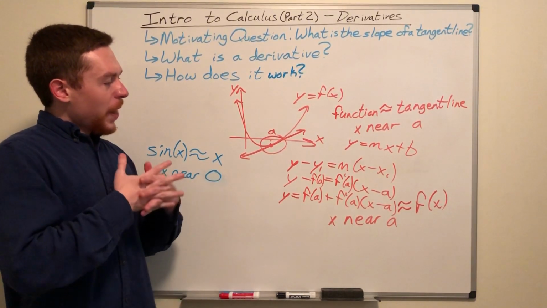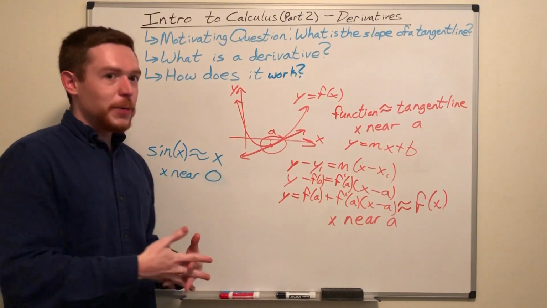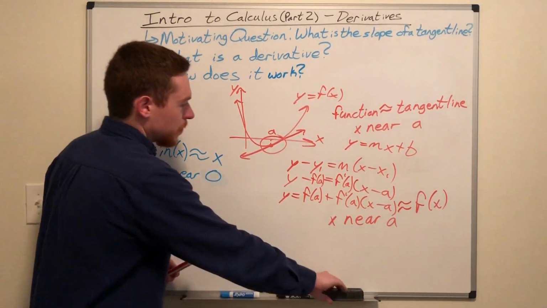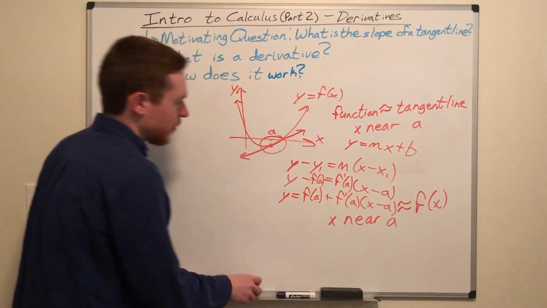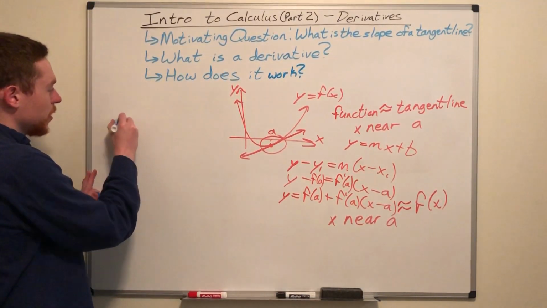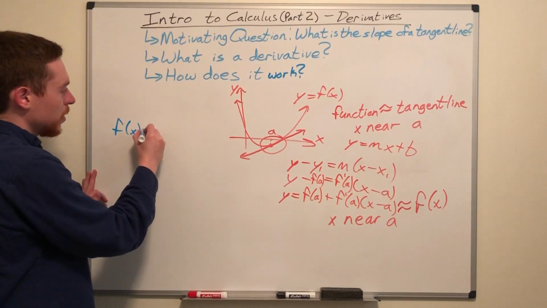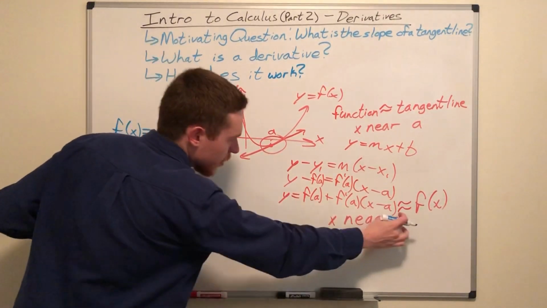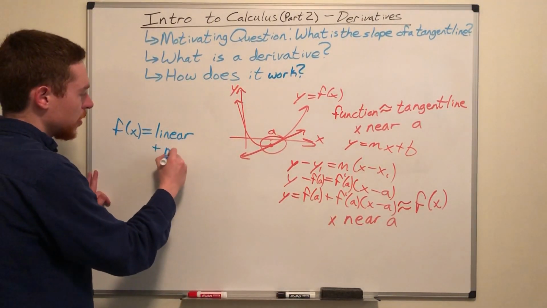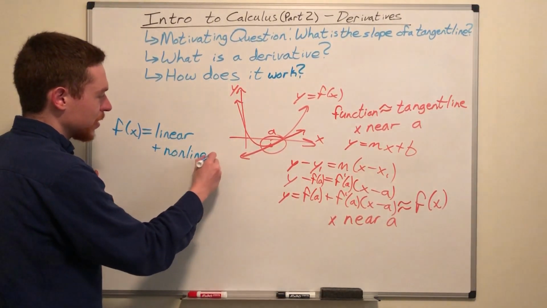So why is this useful mathematically? Basically, what I want to point out is that we can write f of x as the linear part, this thing, plus the nonlinear part, basically everything else.